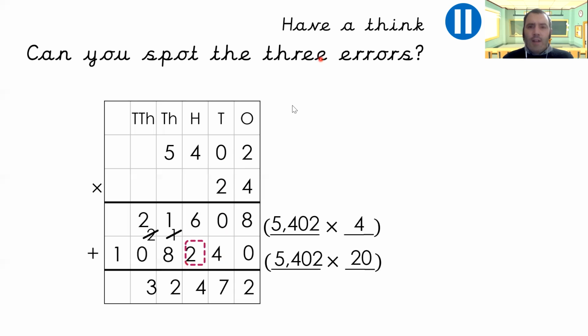So I need to take that off, and now I can complete my calculation. So I've resolved that. Let's change that for a 0. There we go. Now I need to go back and look at my answer, rework that out, and there you go, 129,648.